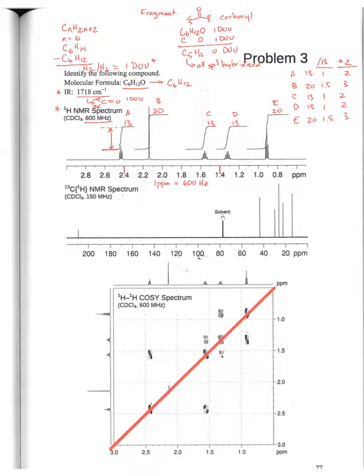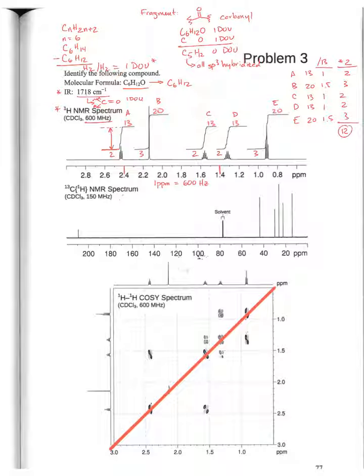So what I'm going to do under the integrals here is write those numbers. So that's 2, 3, 2, 2, and 3. Now if we add all that up, we have 2 plus 3 is 5, plus 2 is 7, plus 2 is 9, plus 3 is 12 hydrogens.